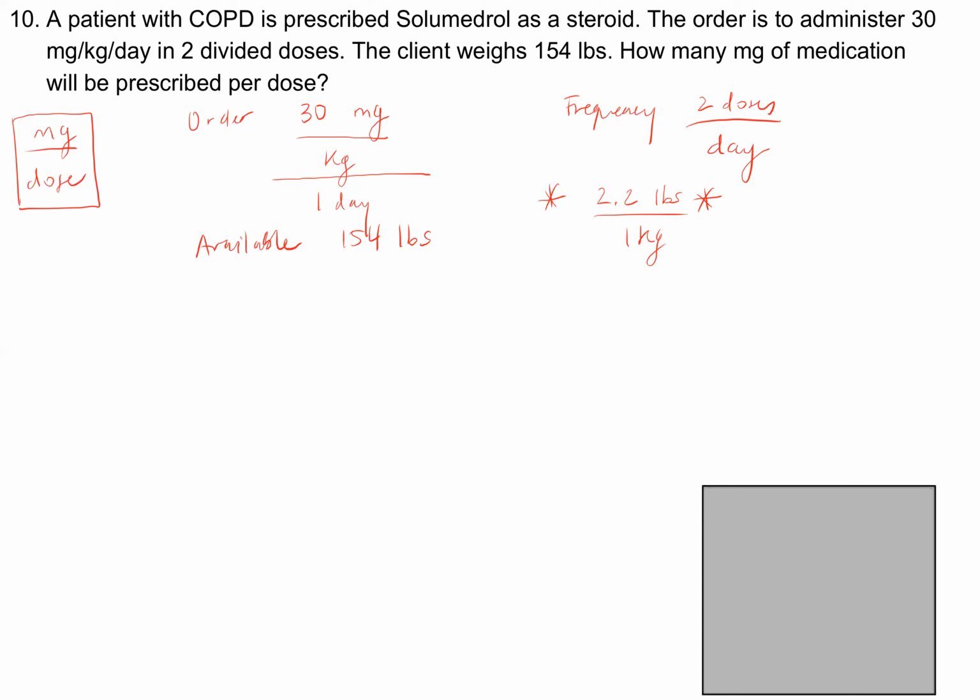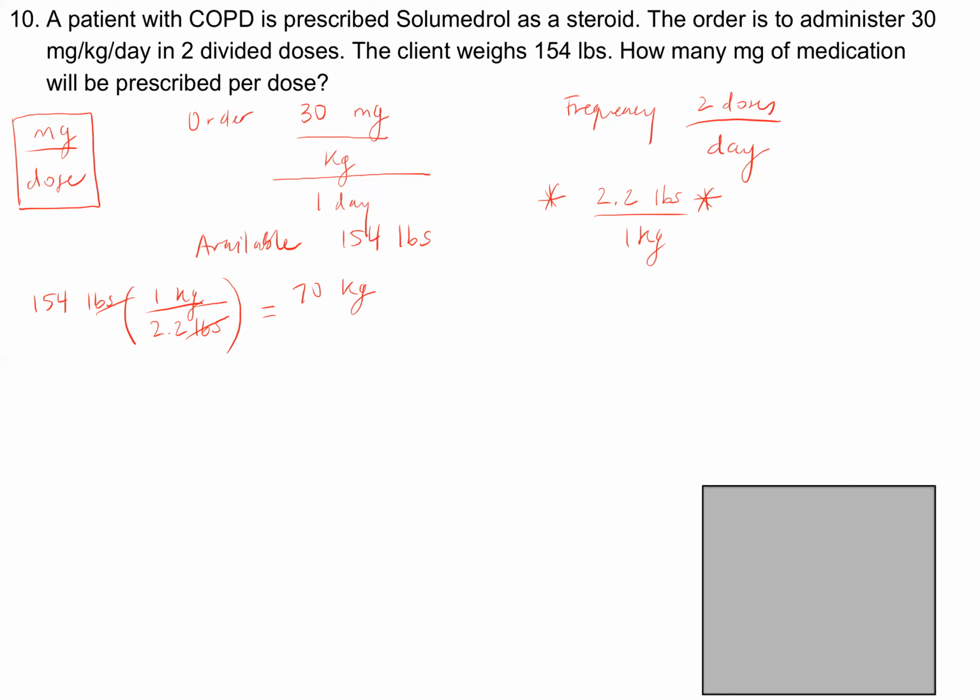So let's go ahead and convert our patient's weight into kilograms. So we have 154 pounds, and we have 1 kilogram, 2.2 pounds, because you want pounds units to cancel. And you have 154 divided by 2.2, which is 70 kilograms.